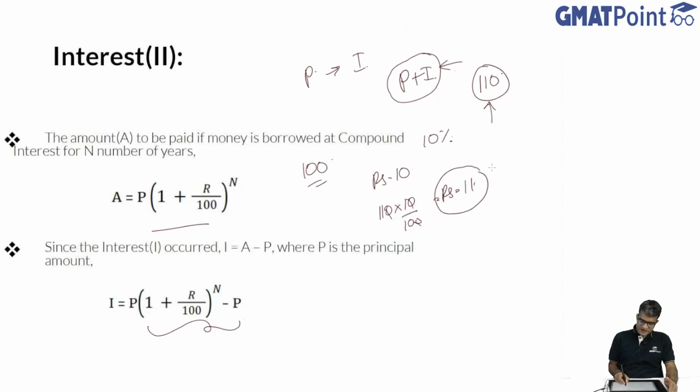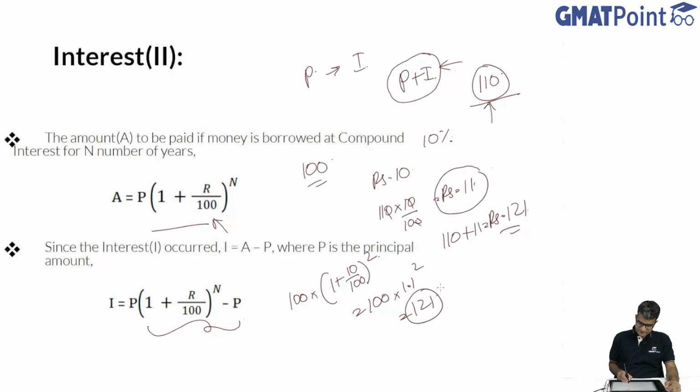So the interest accumulated for the second year is rupees 11. Therefore, the total amount that has to be repaid at the end of 2 years will be 110 plus 11, which is rupees 121, and so on. But instead of calculating it year by year, we can use this formula and calculate the amount that is due at the end of 2 years directly. In this particular case, that will be 100 into 1 plus 10 by 100 whole square, which is equal to 100 into 1.1 whole square, which is 121.